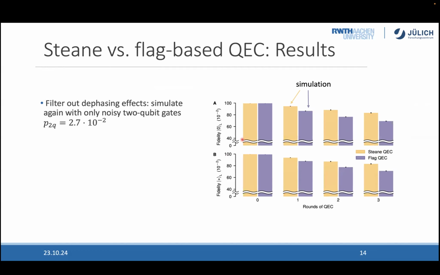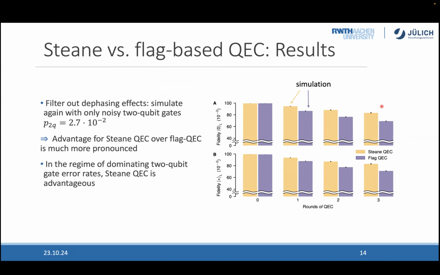So now this is only simulation data. On the one hand, we see that this difference between logical 0 and plus vanishes because we don't have dephasing anymore. But also the difference between Steane and flag quantum error correction is now more pronounced, which means that we have this advantage of Steane quantum error correction with logical qubits and transversal gates over this flag-based approach.